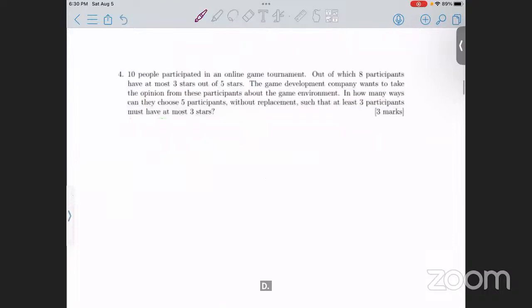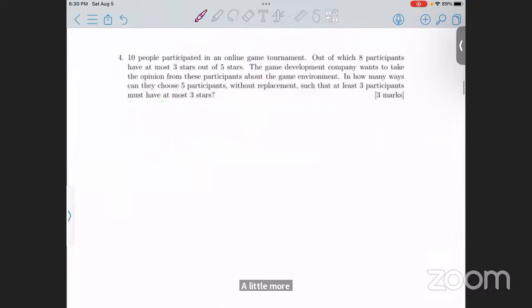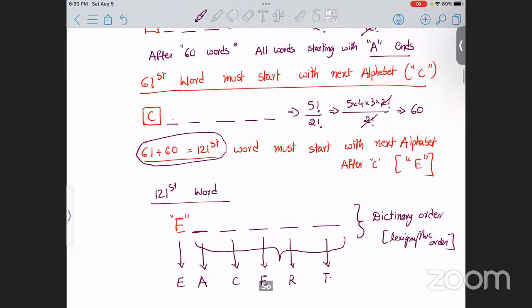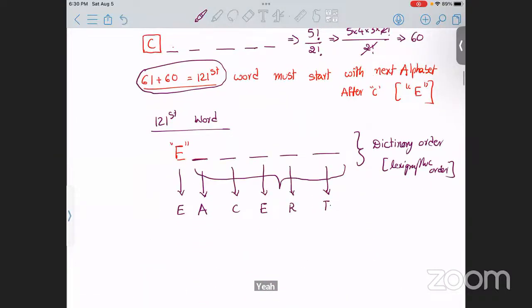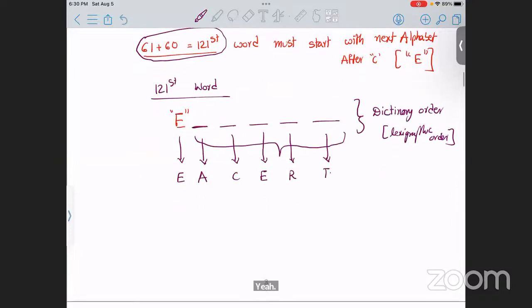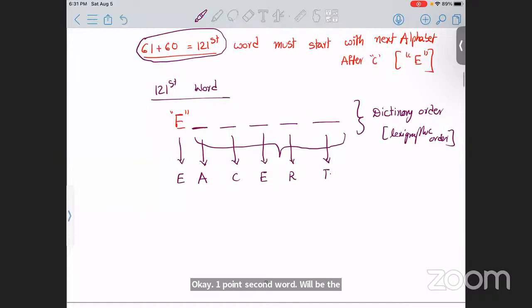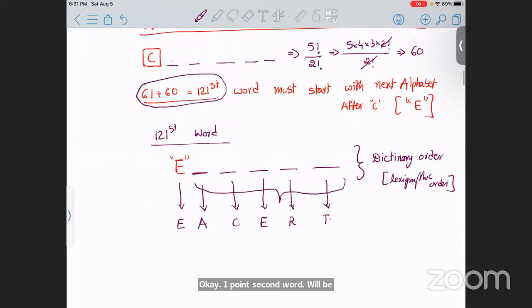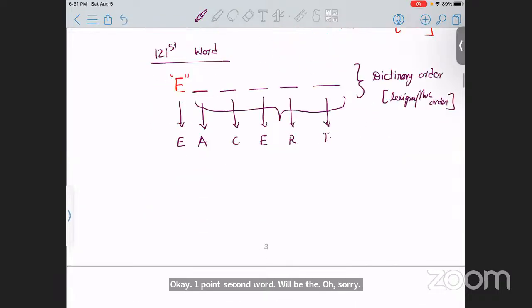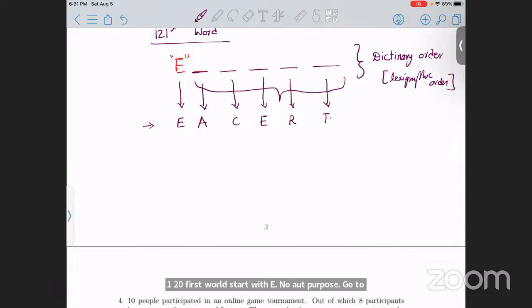Okay, clear everyone? And we'll move on to the fourth question. Sir, what if it had asked for the 122nd word? Look, the 121st word starts with E, and this is the 121st word.